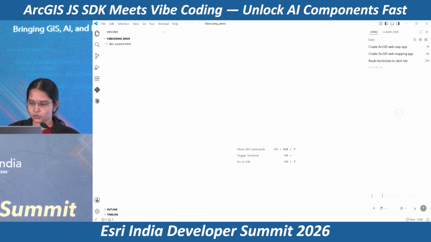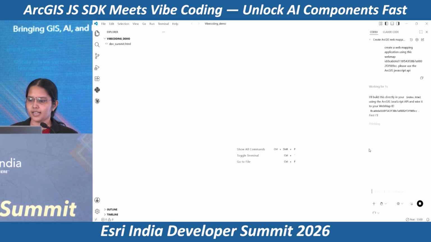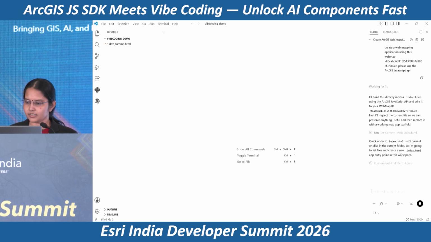I'm just going to ask the agent to create a web mapping application using this web map ID, and please use the ArcGIS JavaScript API. My hope is that the agent should be able to reach the right documentation in the ArcGIS JavaScript API page and build this application for us. So let us wait.